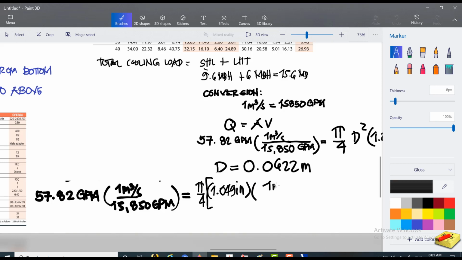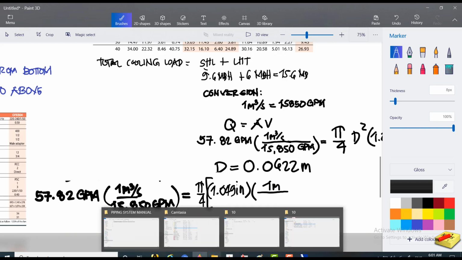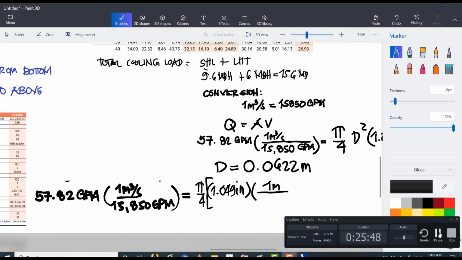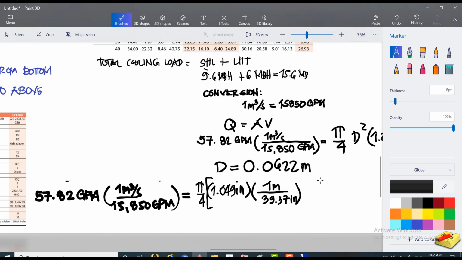So 1 meter, how many inches? Okay, so we have 1 meter is 39.37 inch. So we're going to square this one, and we have now the velocity.